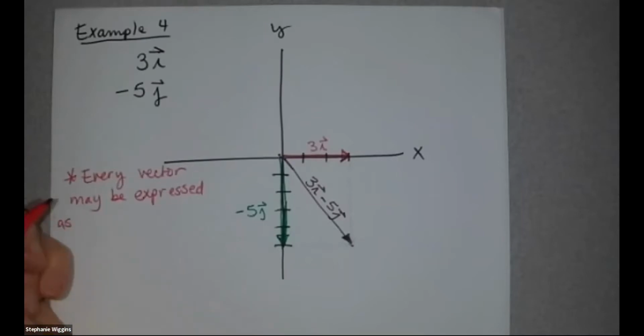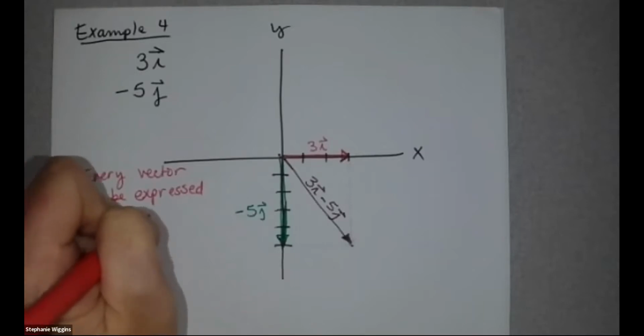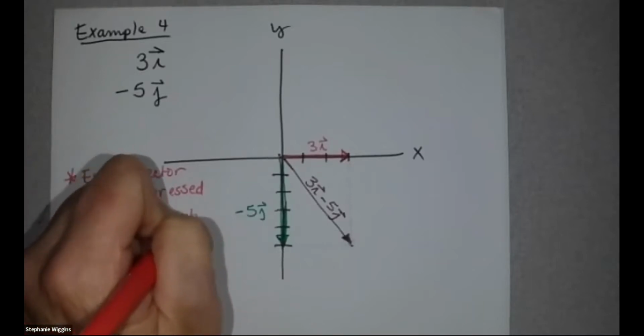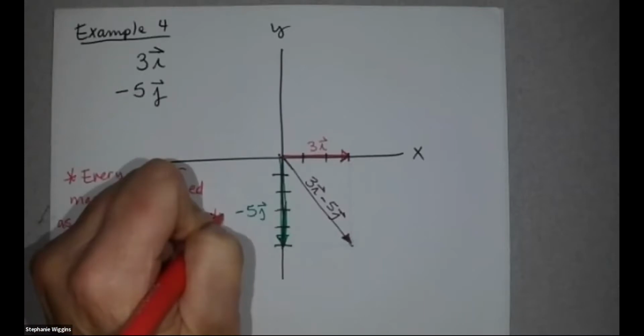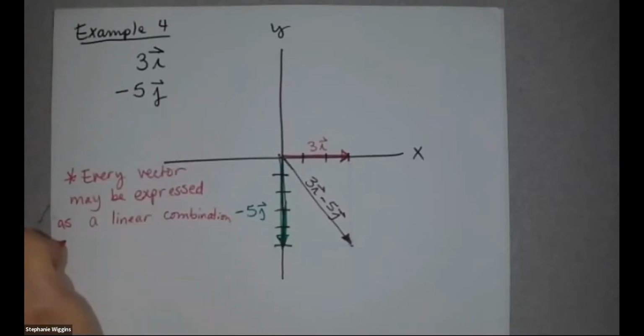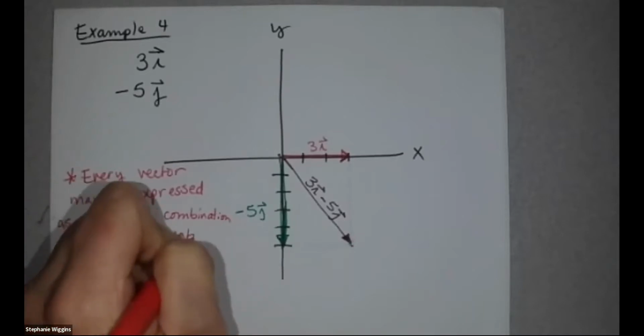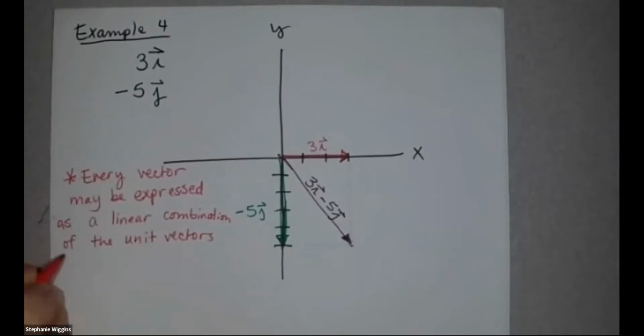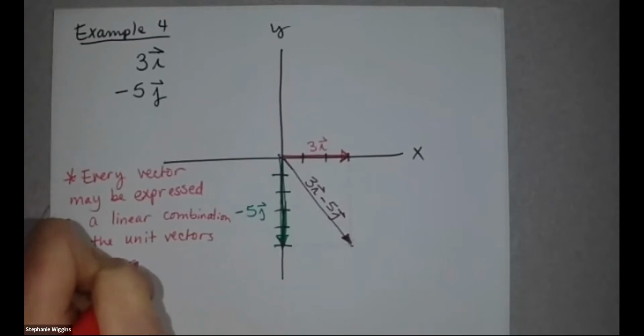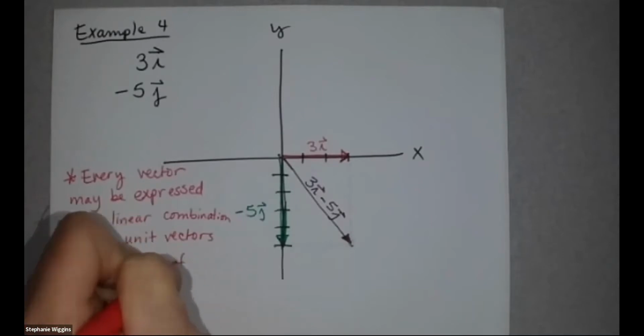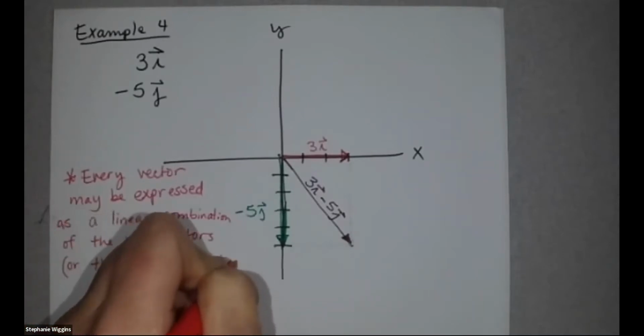And I call that a linear combination of the unit vectors, or the sum of scalar multiples.